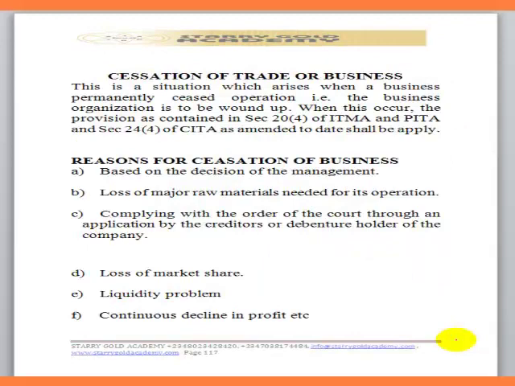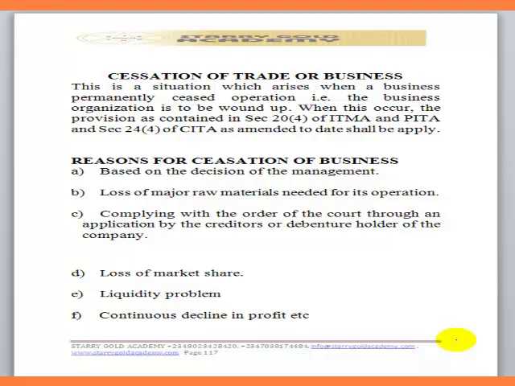So the third aspect of basis period that we'll be looking at is the cessation of business or trade. We have identified 3 situations in which a business can be assessed under an abnormal basis period.